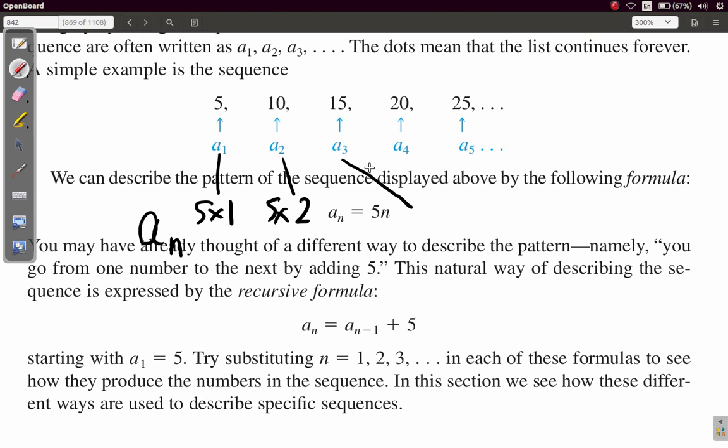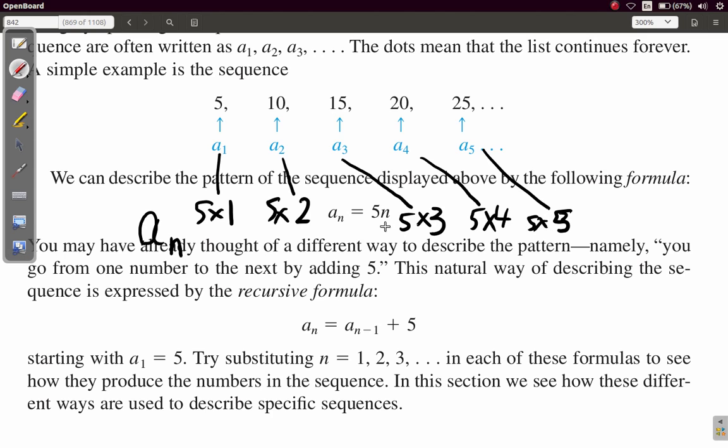The third number, A3, is 15, but guess what? The position of the third number is 3, and you multiply 5 by 3 to get 15. The fourth number, in position 4, you have 5 times 4, which is 20. And 25 is in the fifth position, A5, 5 times 5 gives you 25.